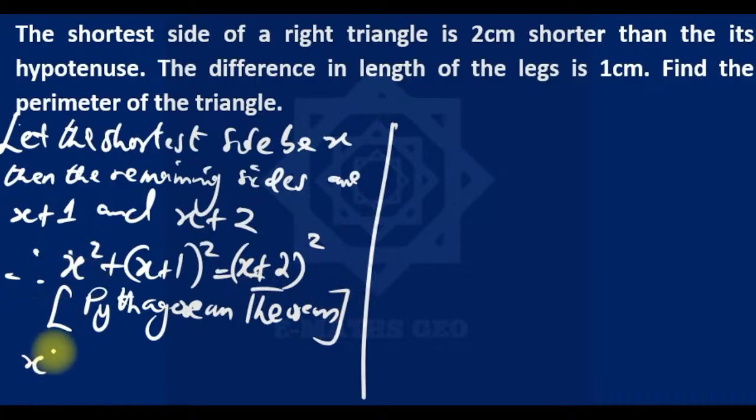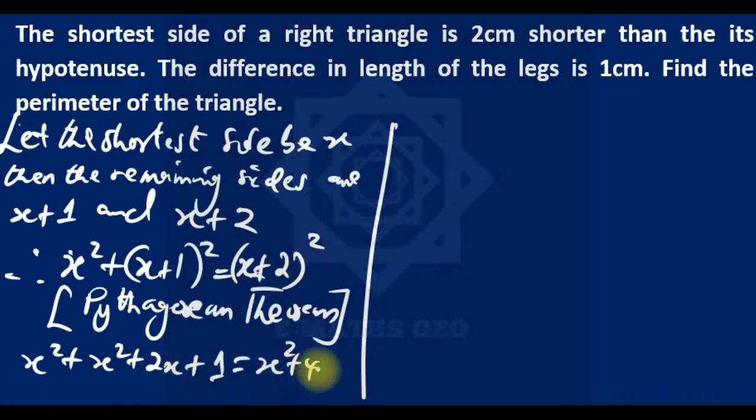So we have x squared plus, expanding this, x squared plus 2x plus 1 equals, expanding this, x squared plus 4x plus 4.